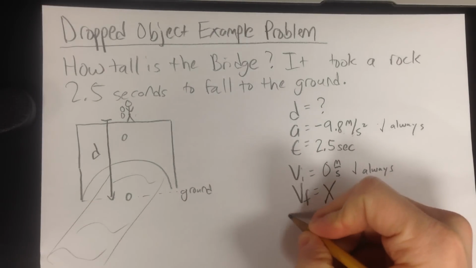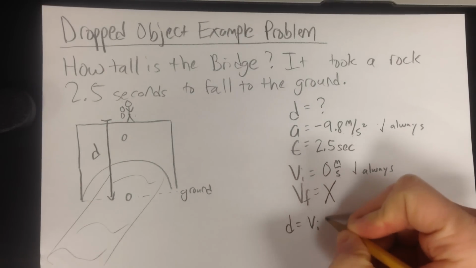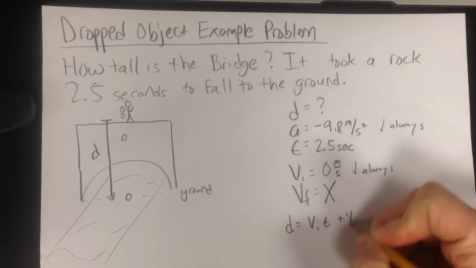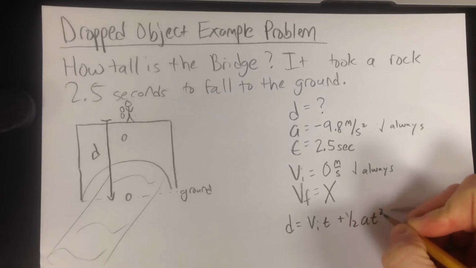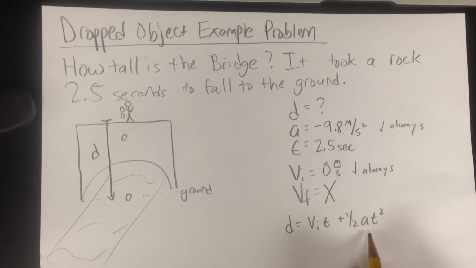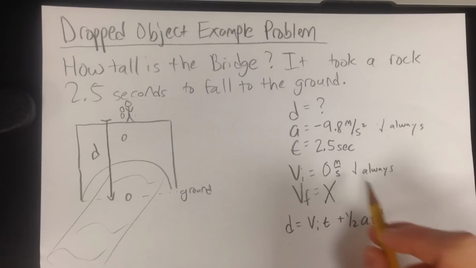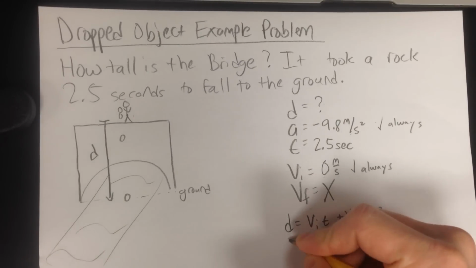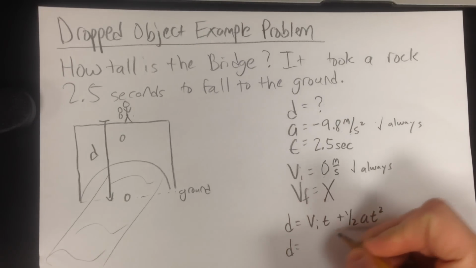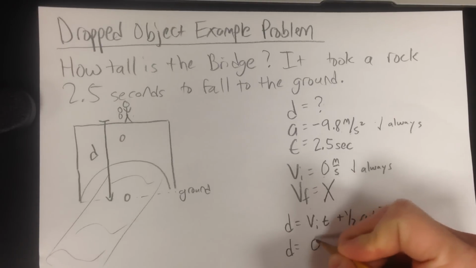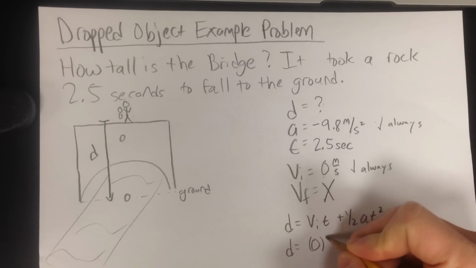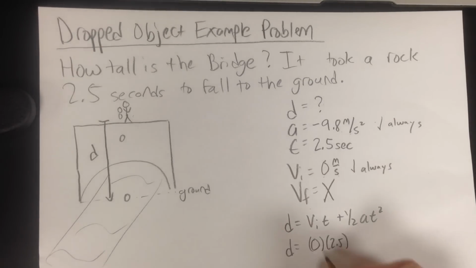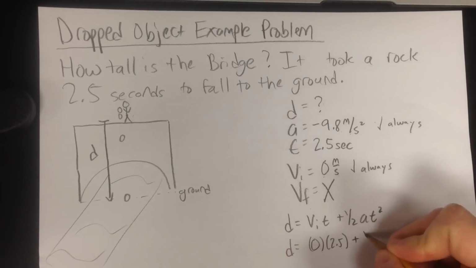Alright, so hopefully you saw that the first equation, d equals VIT plus a half AT squared, does not have VF in it at all, which is good because it has everything else we need, the top 4 variables there. And we're going to solve for D. With all dropped objects, no initial velocity. That kind of cancels out that first term, 0 times the time.